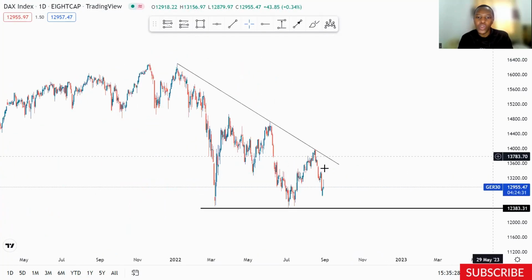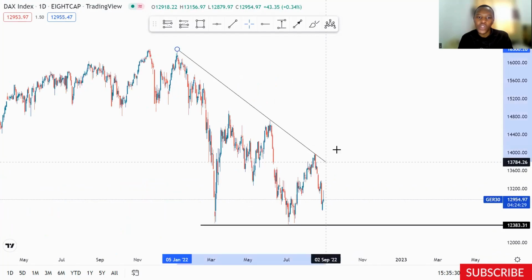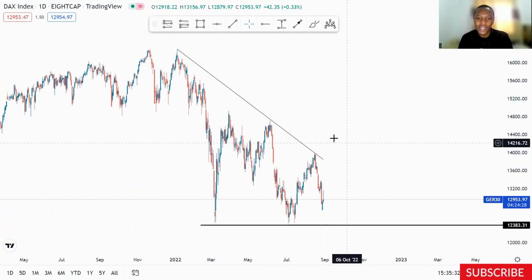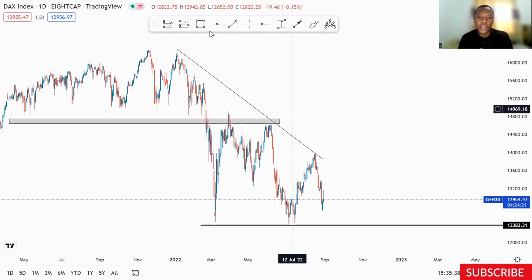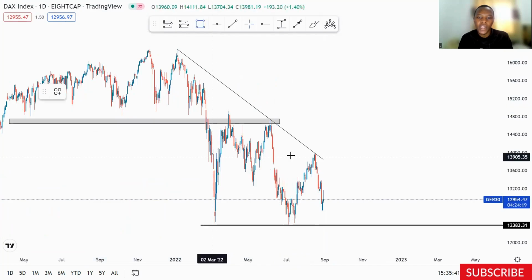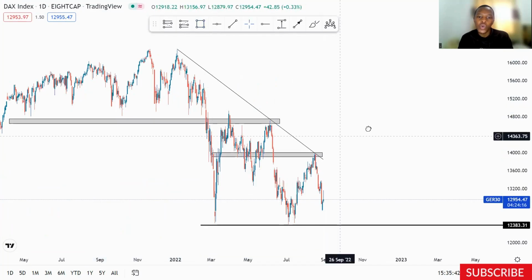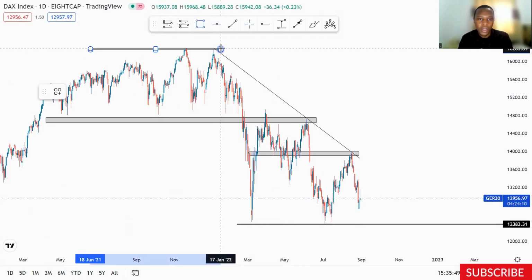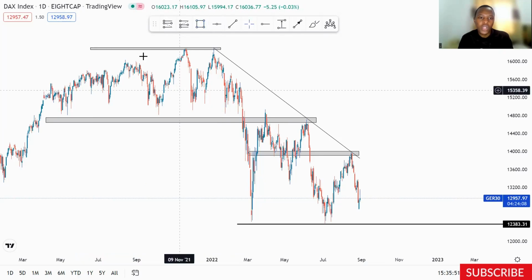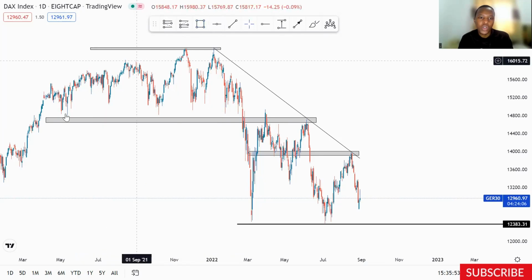Because now, like I said, when you're doing confluence, you combine these tools with other technical analysis tools, right? If you notice here, we had a strong support level, and then we also have a minor one over here. So having trend lines working for you, I'm talking about things like this, or even that one at the top there. What's going on here is you literally see that the market was consolidating.